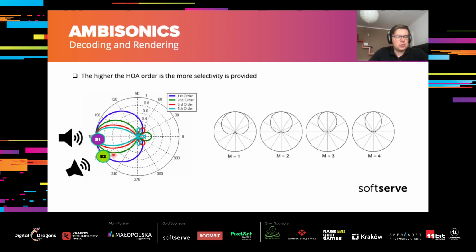So on one hand, having a higher order ambisonics gives us higher spatial resolution, so we can extract much more detailed information from our sound field. On the other hand, we need to remember that proper reproduction of such a sound field representation also requires a higher number of speakers.